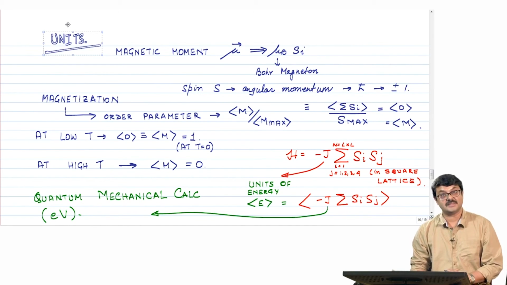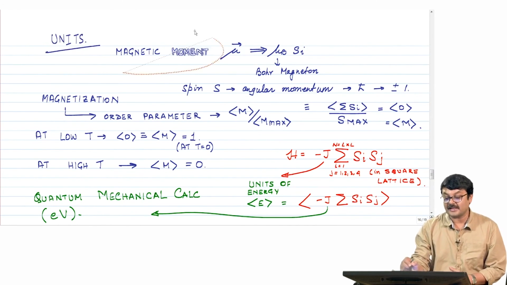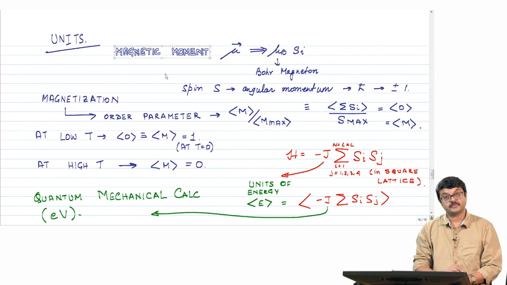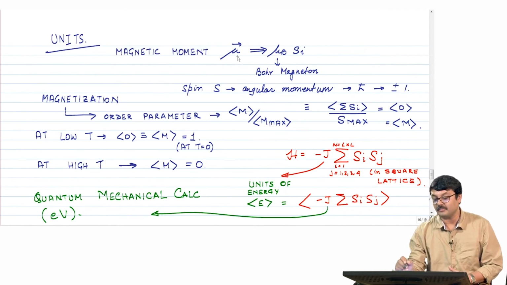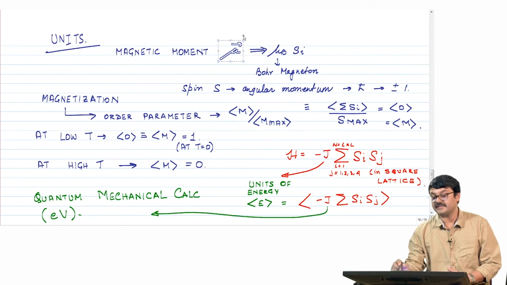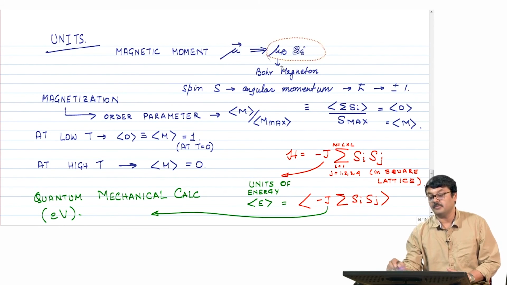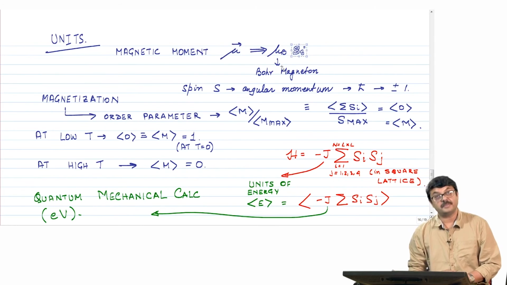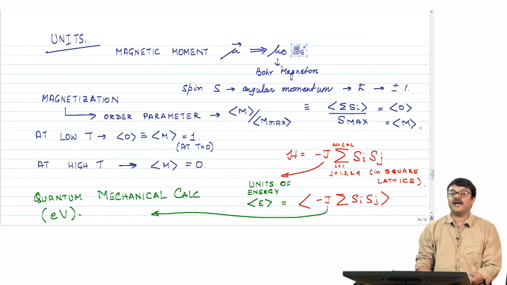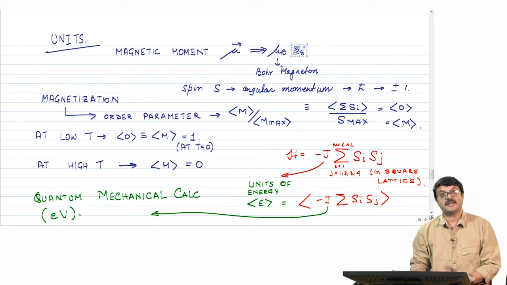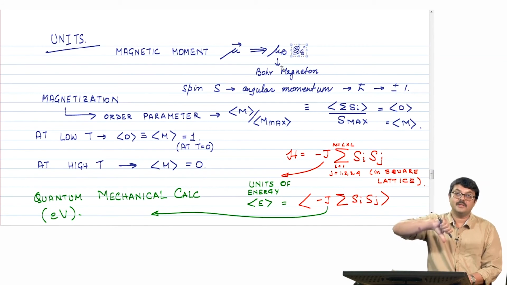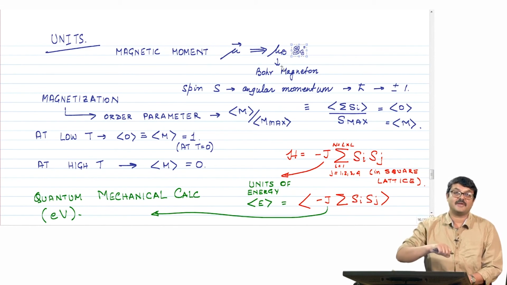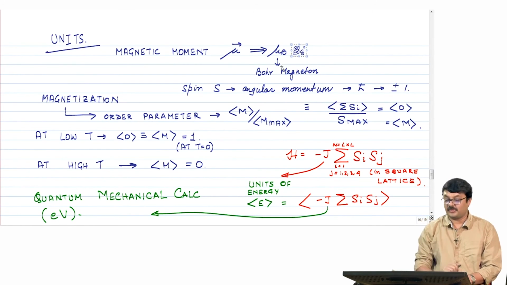So we should be looking at the magnetic moment, but we know that the magnetic moment is essentially related by the Bohr magneton to the spin of the system, right. And I have been telling you that the spin can either point up or down, and we will take its value to be plus 1 if it is pointing up and minus 1 if it is pointing down.